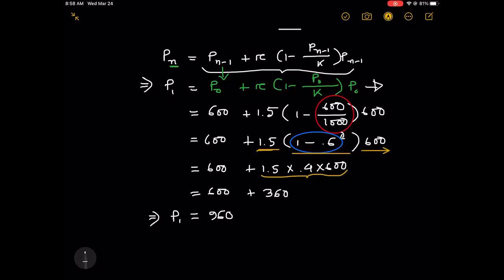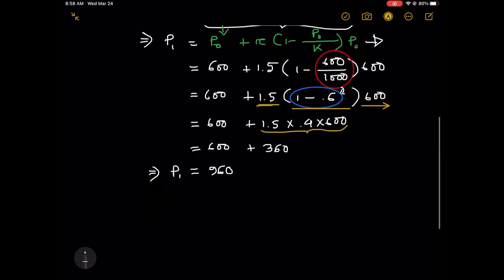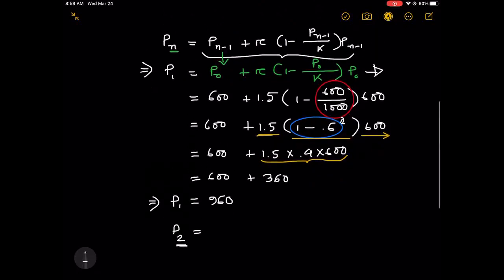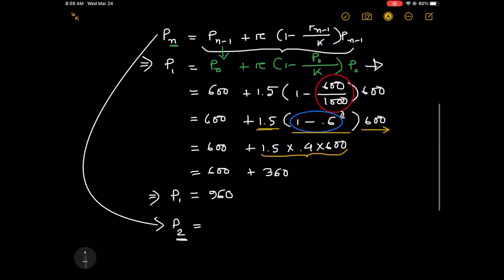Very good. Okay, so now if we want to find P2, that means now n is 2, right? So what should be our corresponding formula from this? It would be the same thing, but everywhere that you have P of 0, you're going to put 960. That means we'll plug in P1, because the formula says it's Pn minus 1 when you are calculating Pn.